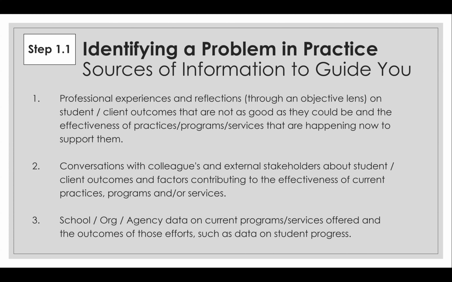A very, very small portion of it is contributed to other factors beyond the practices, programs, and services that we provide to them. Those other factors being related to socioeconomic and other environmental.